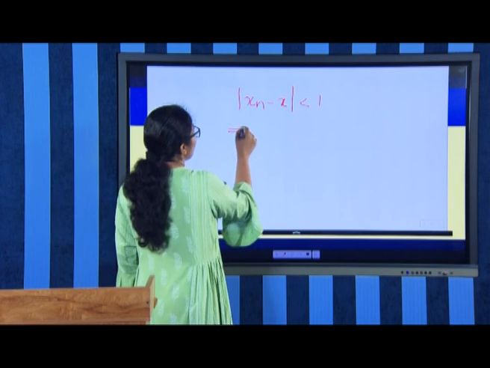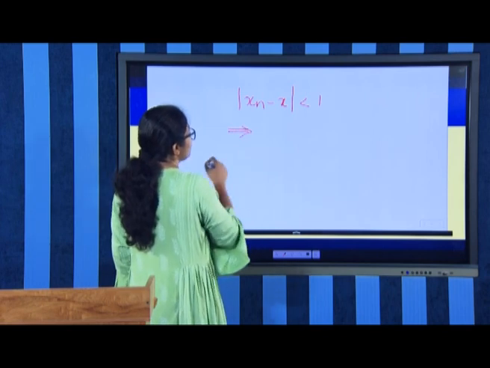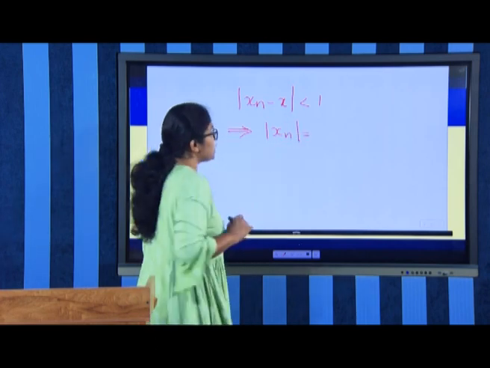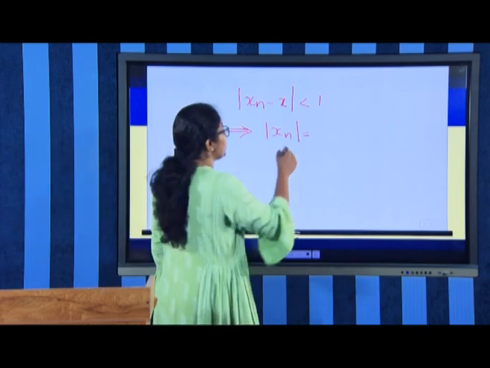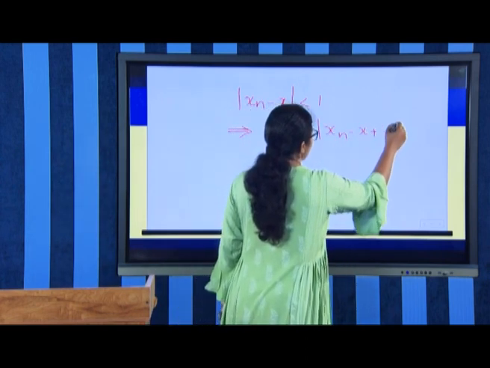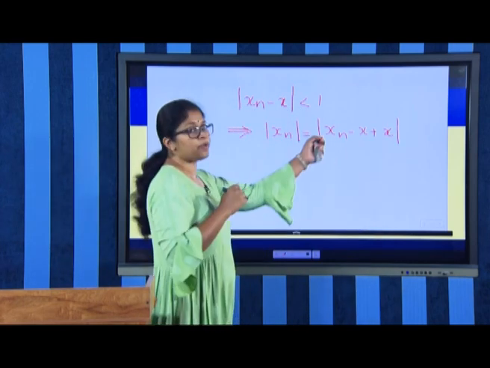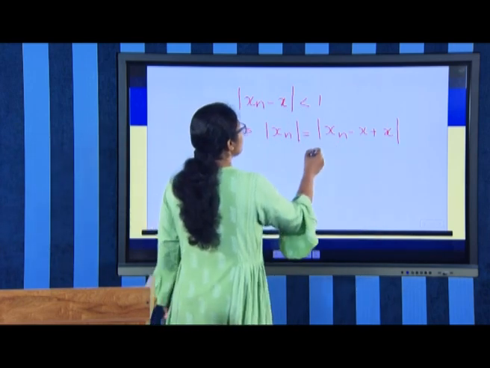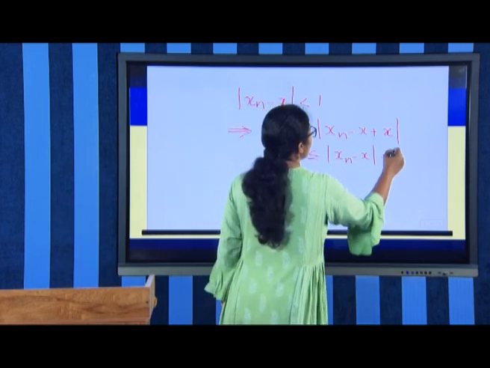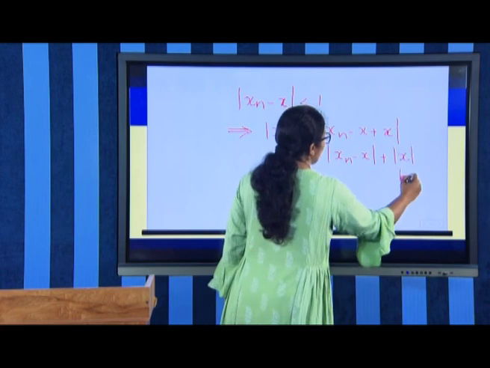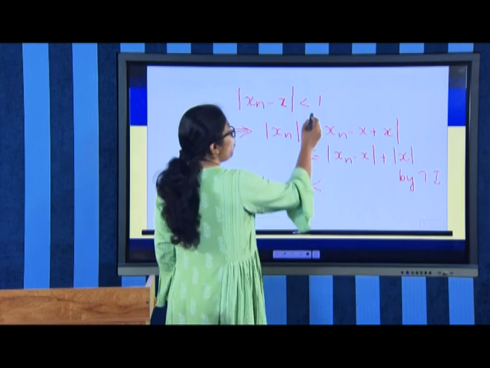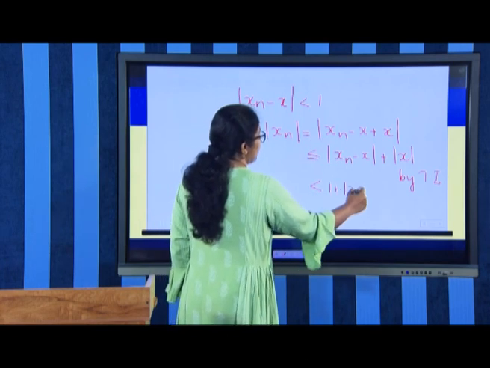This can be considered for finding what happens to modulus of xn. If you take modulus of xn, it becomes modulus of xn minus x plus x, by adding and subtracting the limit x, which is less than or equal to mod xn minus x plus mod x by the triangle inequality, and that is less than 1 plus mod x.